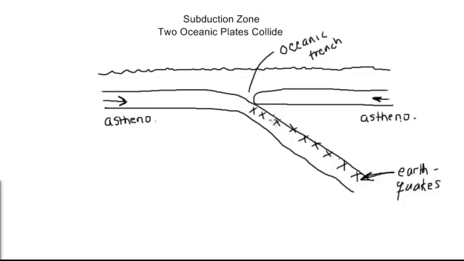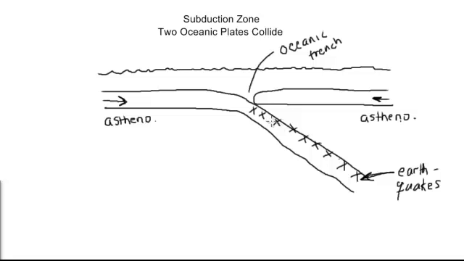So you get these deeper and deeper earthquakes, sort of showing where that subducted slab of rock is underneath this overriding plate. So earthquake activity is very, very common at subduction zones.